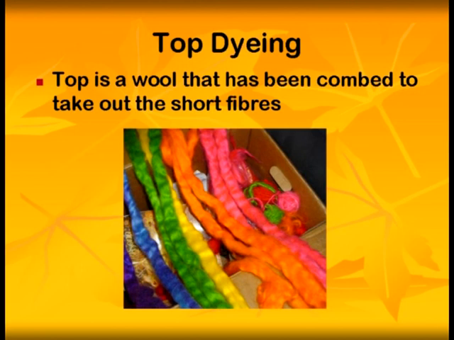One step nearer to the finished yarn than stock dyeing is what is called top dyeing in the worsted industry. Top refers to wool that has been combed to take out the fibers and then delivered from the combs in a rope-like form about 3 centimeters thick.